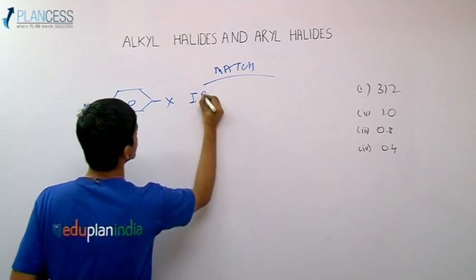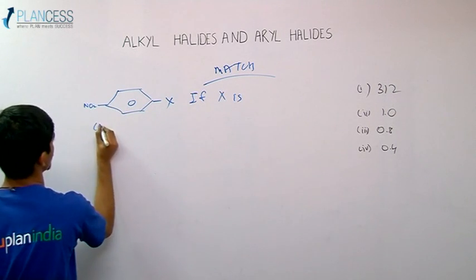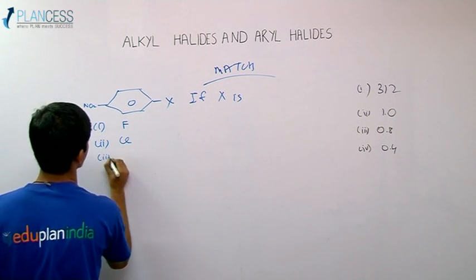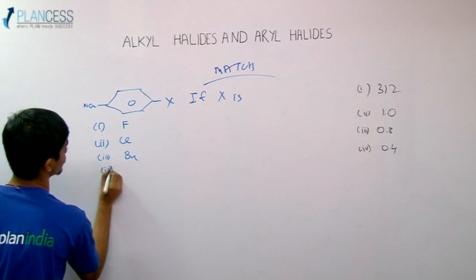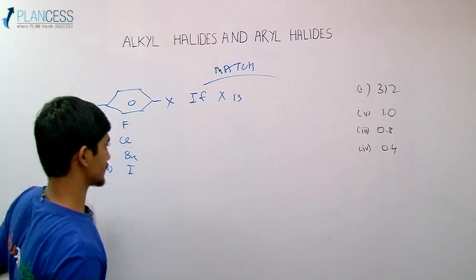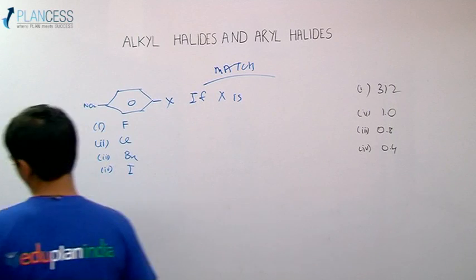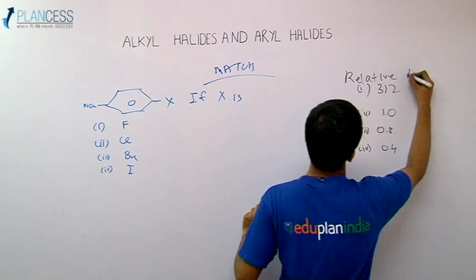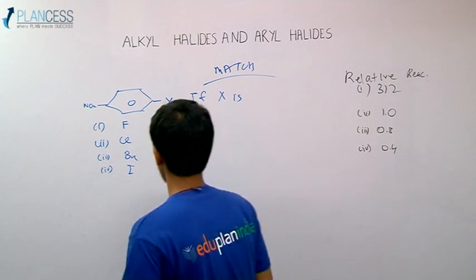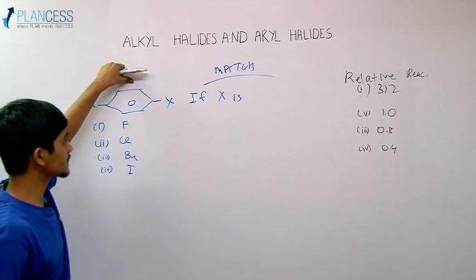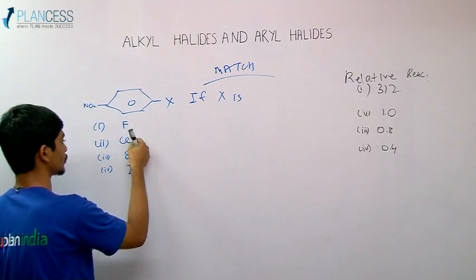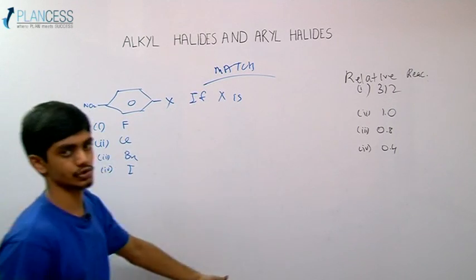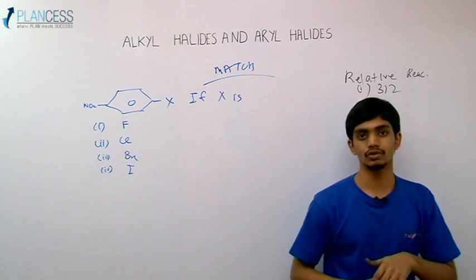Now, if X is, first option fluoride, second option chloride, third option bromide, fourth option iodide, then match the reactivity, or in a better way, the relative reactivity. So if this is the compound and X is fluorine, chlorine, bromine, iodine, then the relative reactivity of this compound is so and so. You have to match this with these 4 options.